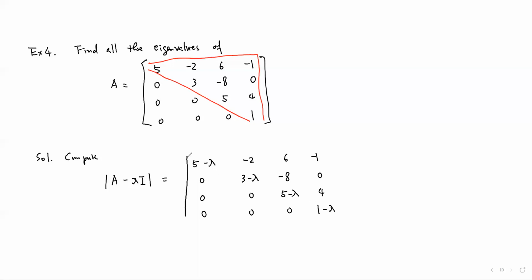A minus lambda times the identity matrix is this. Now the determinant. How to find this determinant?